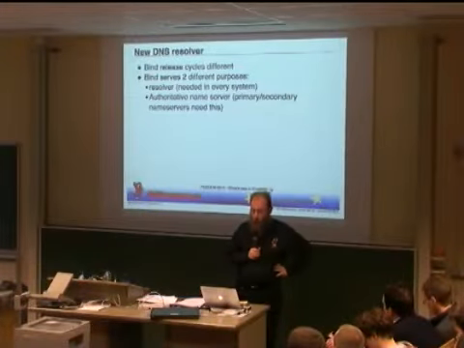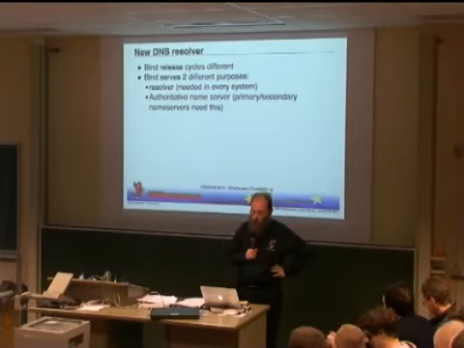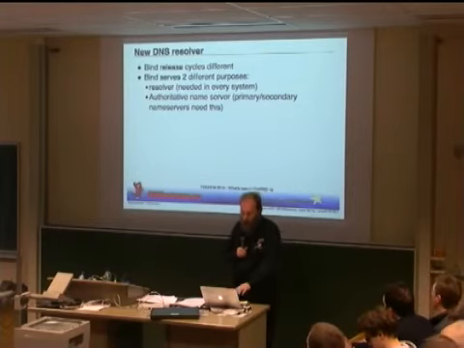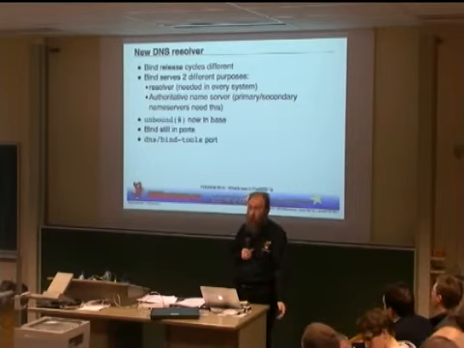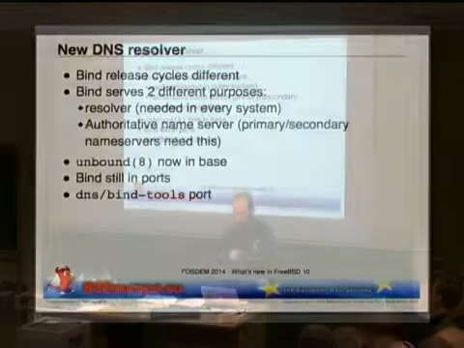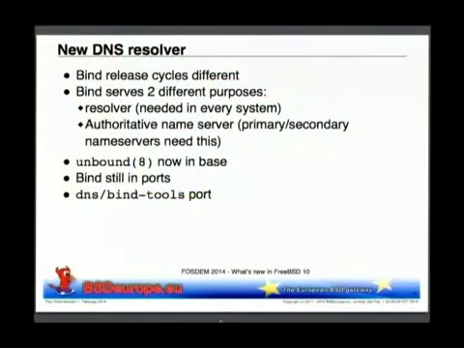So we now have a new resolver in FreeBSD 10, which is called Unbound. It's developed by NLnet Labs in Amsterdam. And it's only a resolver, it's not a complete name server.